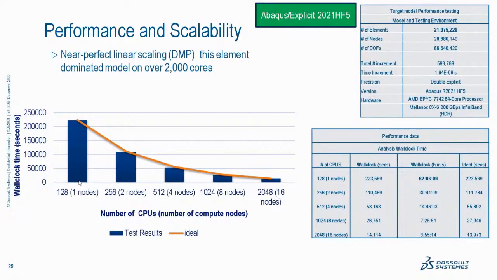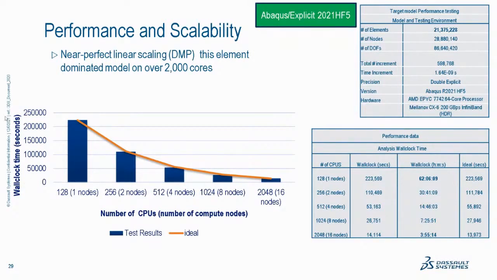And this really represents a best case scenario, assuming that the load balance based on the domain decomposition is fairly even for each domain. And what we're seeing in this case is scalability that is almost equal to ideal.